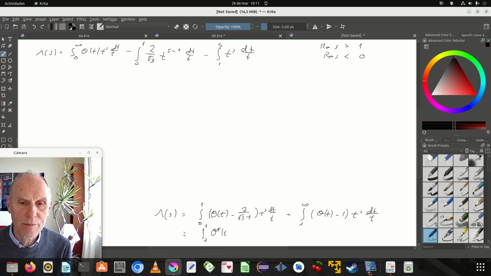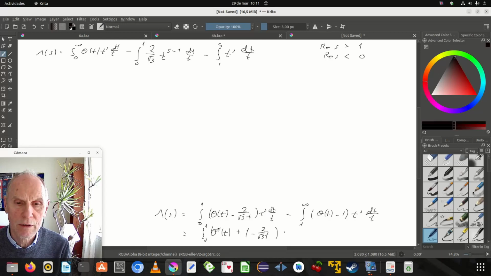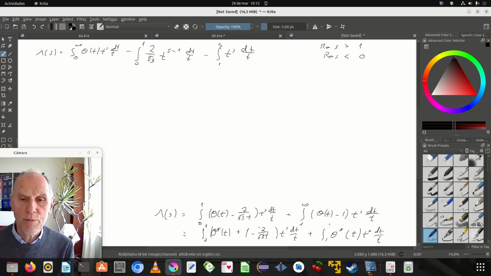Zeta star, t plus 1 minus 2 square root 3t, t to s dt minus t divided by t, plus the integral. Then we can perform the integral from naught to unity, as long as the real part of s is larger than unity.